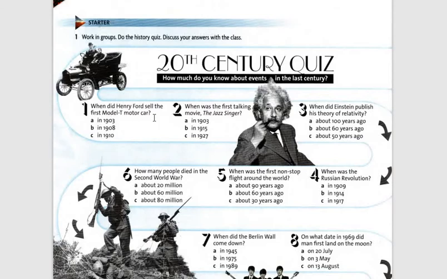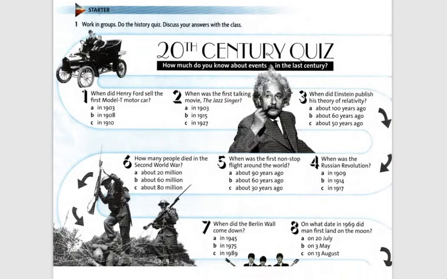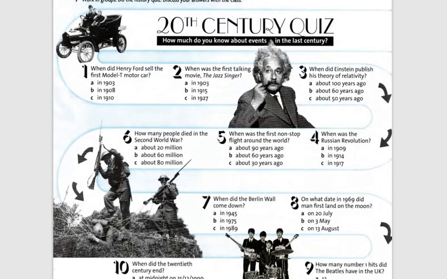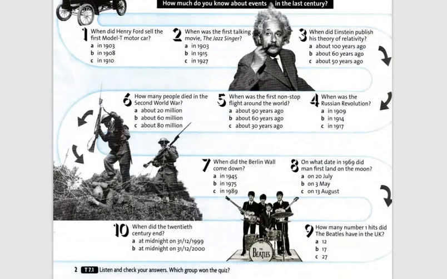So did. When was the first talking movie, The Jazz Singer? Was. And so on for all questions. So you have to use the auxiliary verb in the past when you want to make a question. So you have to take a look at these questions, and check the structure or the pattern of each question in order to make the pattern correctly.